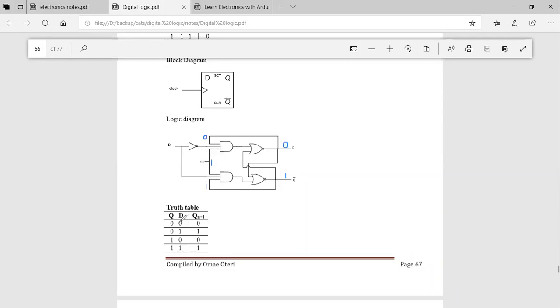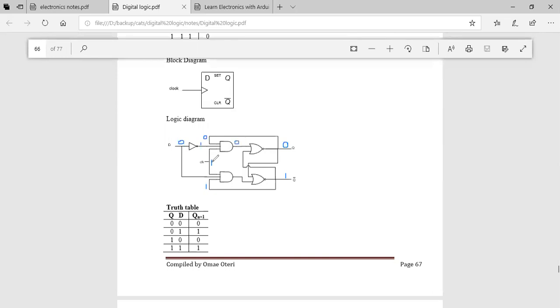Now, the first combination, Q is 0, D is 0. What do you expect here? 1. 1, that's correct. What do you expect down here? 0. So 0, 1, 1. What do you expect here? 0.